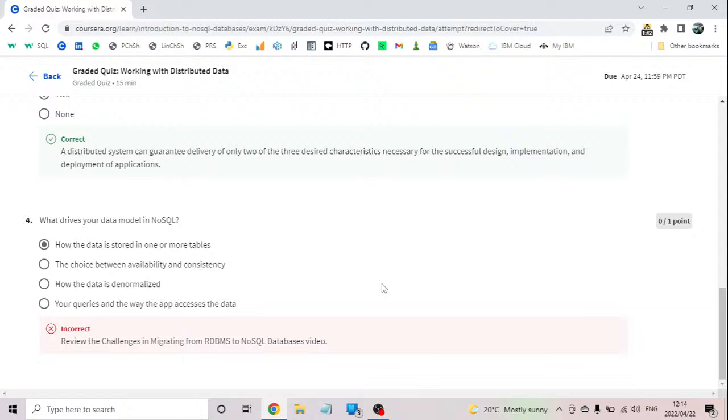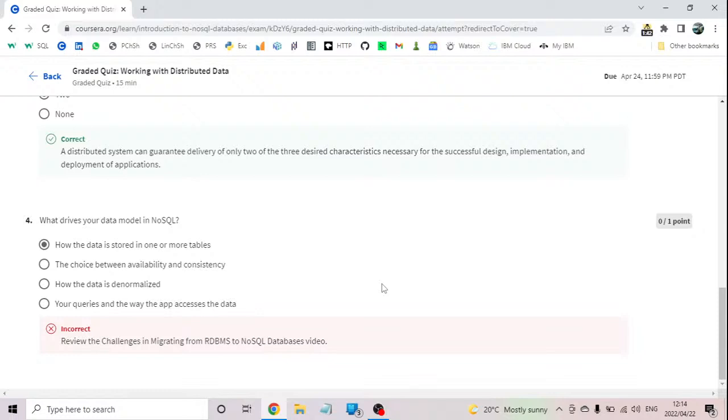So denormalized just simply means how the data is denormalized. Well, normalized data is redundant data in multiple tables.